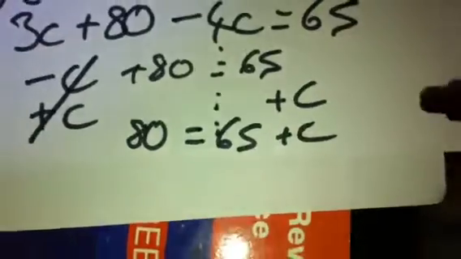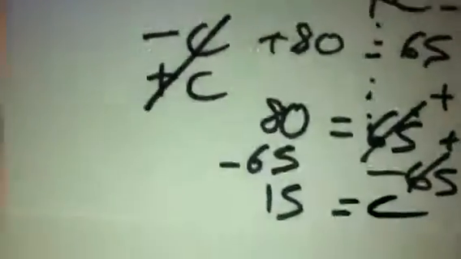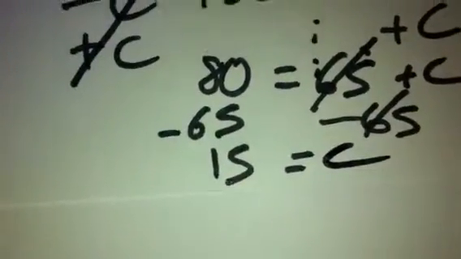Anyone want to guess what we're going to do to that? I suggest we minus 65 from both sides. So let's minus 65 from the right and minus 65 from the left. 65 minus 65 on the right becomes 0. 80 minus 65 on the left becomes 15. 15 equals what's left on the right? C. Therefore the price of a cat is 15.